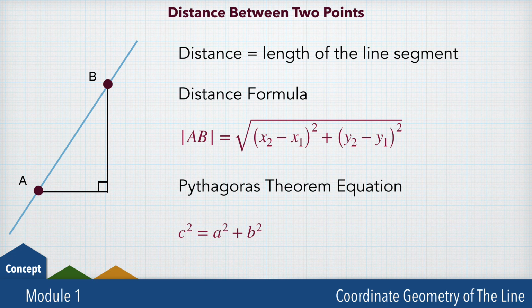Using the Pythagorean triple, the length of the hypotenuse is C, and the horizontal and vertical lengths are A and B. The side lengths can be read directly from the axis and substituted into the equation. The hypotenuse length C can then be found, which is the length of the line segment AB. We will practice both of these methods later.